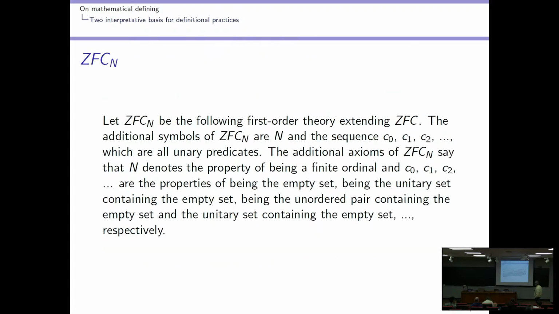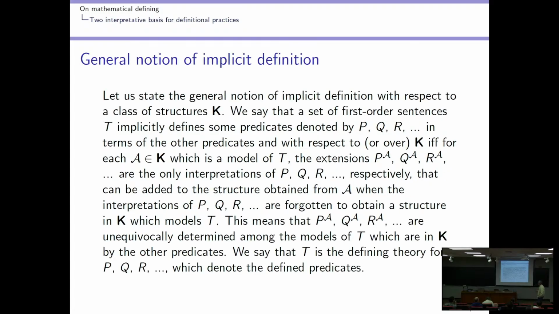What is a definition in this framework? My proposal is that the primary definitional notion is the notion of implicit definition, which is the following.